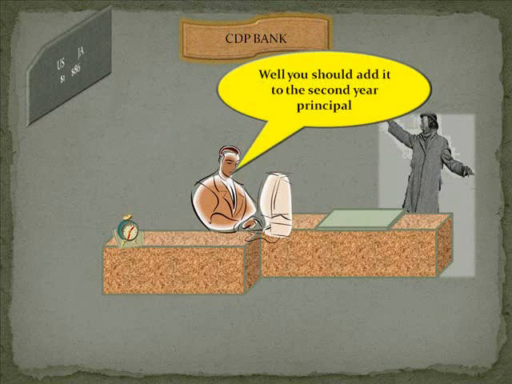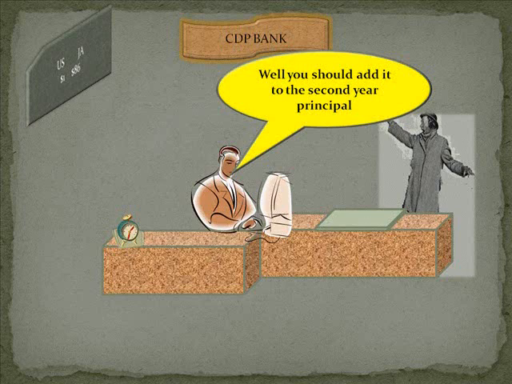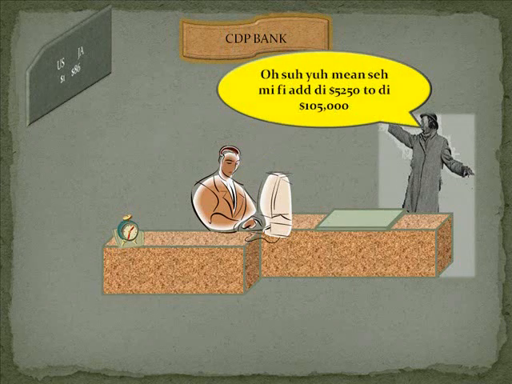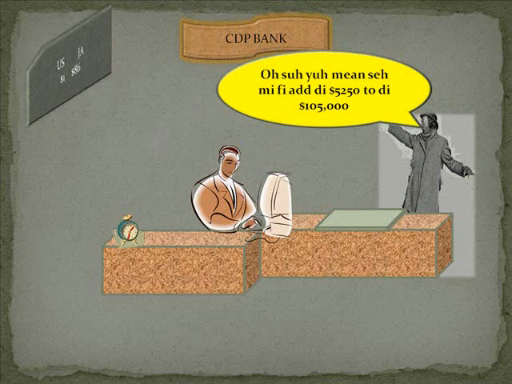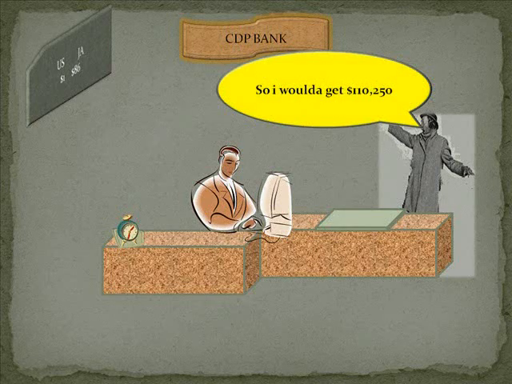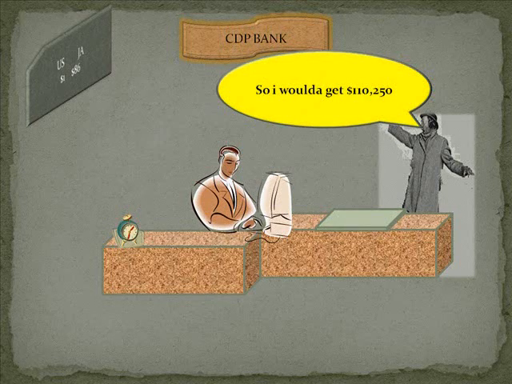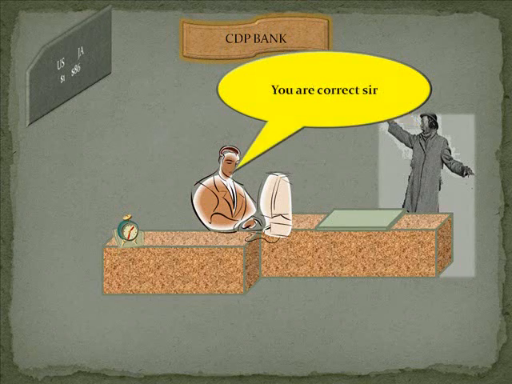Well, you should add it to the second year principal. Oh, so you mean, say, if we add the $5,250 to the $105,000, so I would get $110,250. You're correct, sir.